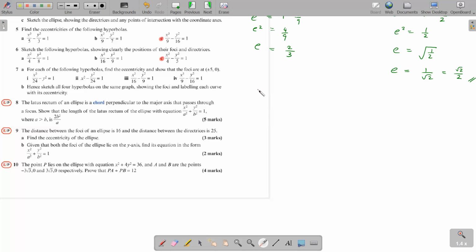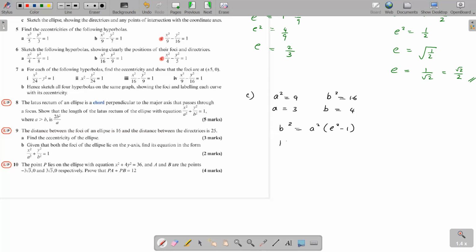So in part C, we have a square is 9, b square is 16. I just want the a and b values: a is 3, b is 4. Agreed? And what's the eccentricity equation? b square equals a square times e square minus 1. For a hyperbola, you only have one eccentricity equation, so just use that.